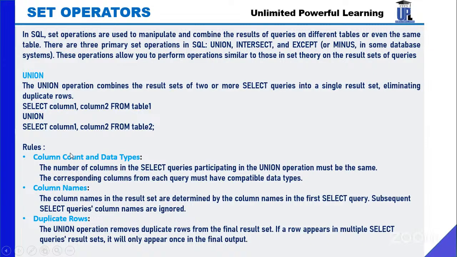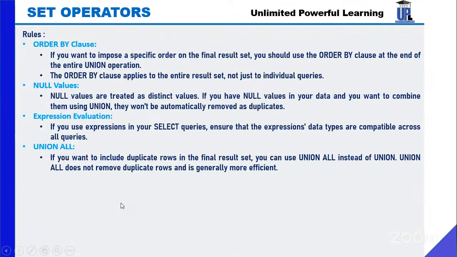So the rules are very clear. To merge two tables' records, they should have the same number of columns and the same data types. When you merge, the table 1 column names will be displayed, not table 2's. And third, remember that it removes duplicate rows.